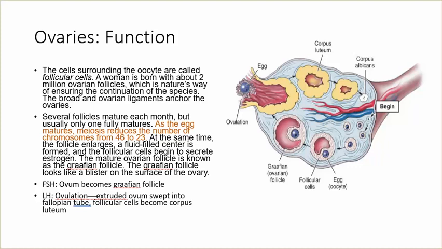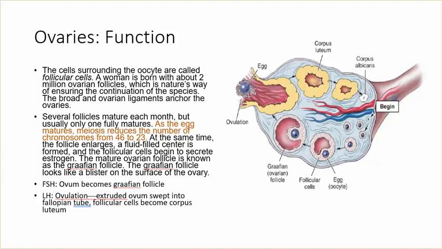Right. So each one of these oocytes is sitting in the ovaries, about 1 million per ovary, so about 2 million total.